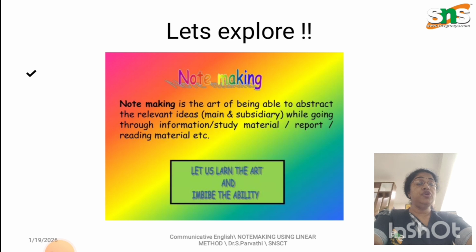You have to recollect all the relevant ideas and points, because note making is an art. You have to imbibe the ability.